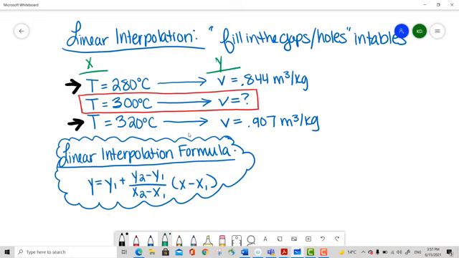Now what are these? This first column is going to be your subscript 1, this column right here is going to be your subscript 2, and this column right here is going to have nothing written down. Actually, I'll just put no subscript.